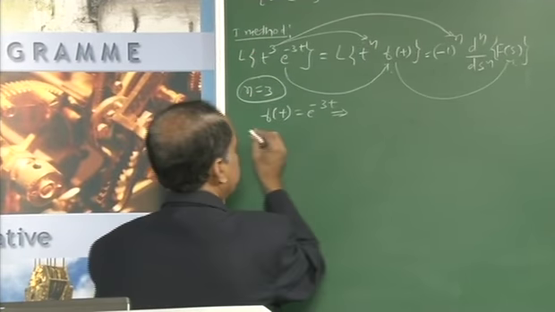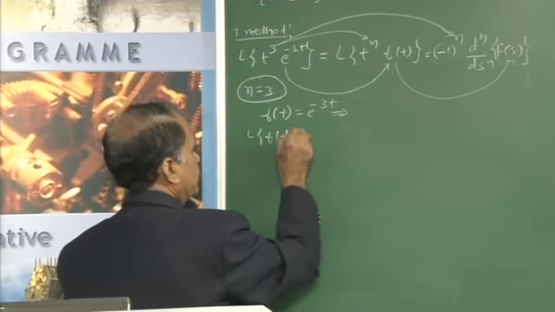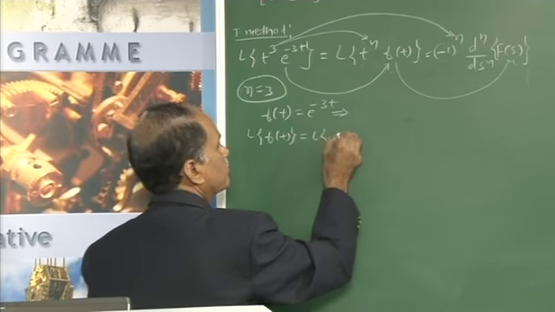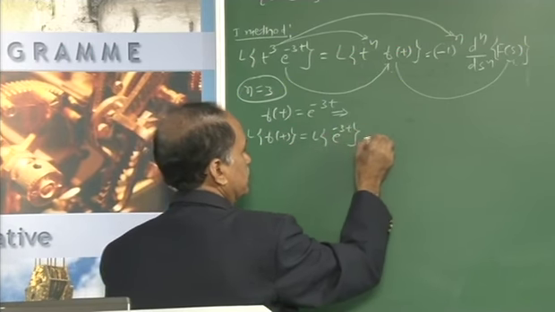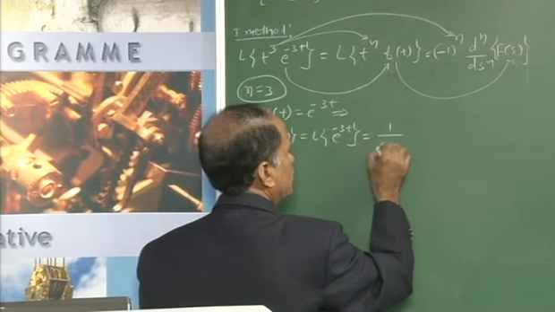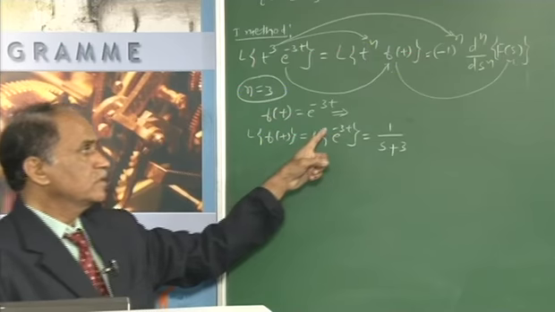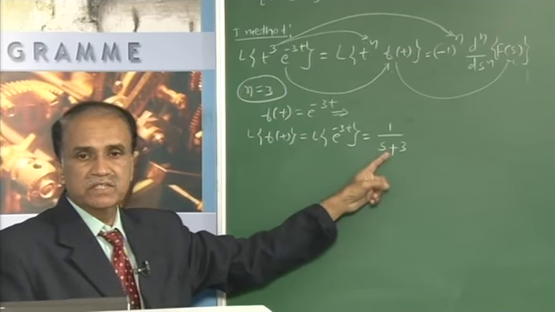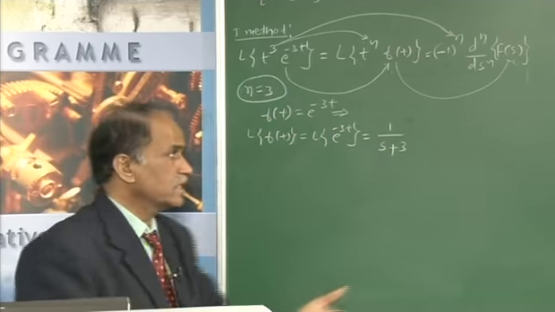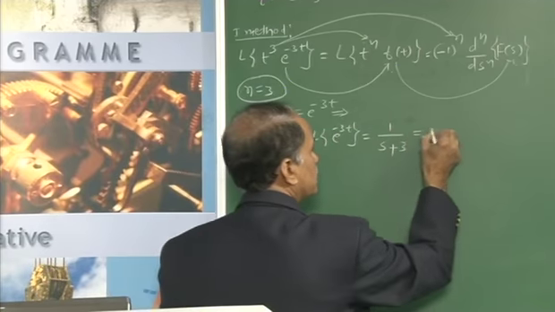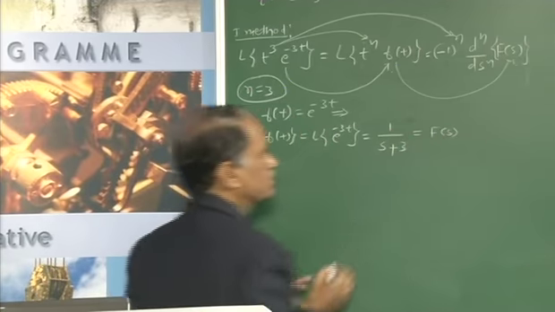What is that basic definition? L of f of t is equal to L of e to the power minus 3t, that is 1 divided by s plus 3. As I already told you, minus is there, you have to write it as a plus sign, the opposite sign, and this is to be named as f of s.